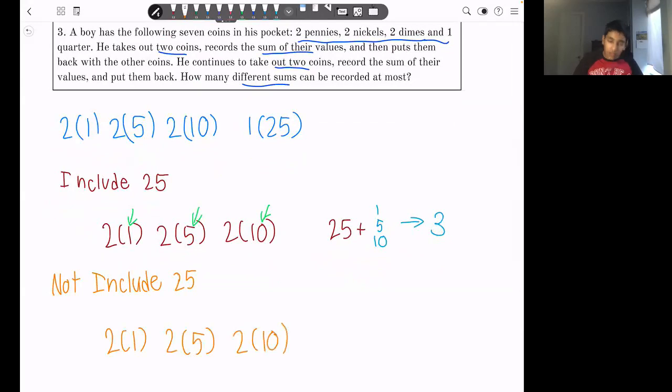Now instead of just choosing 1 coin, we have to choose 2 coins. Okay, so what are the possibilities? We can take a 1 and a 1, a 1 and a 5, a 1 and a 10, or we can take a 5 and a 5, a 5 and a 10, or a 10 and a 10.